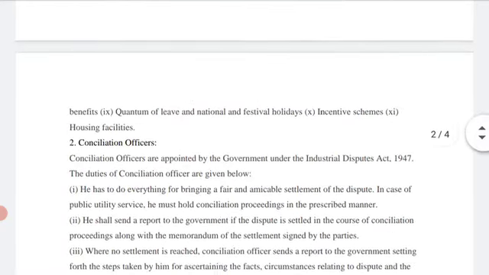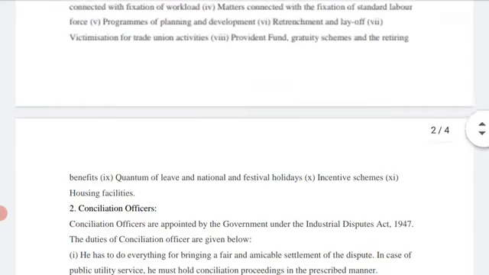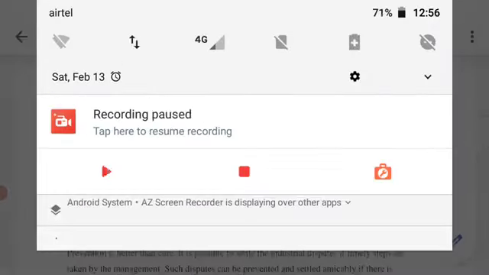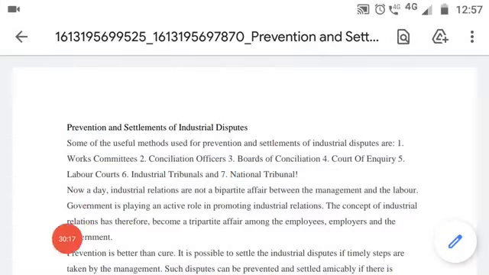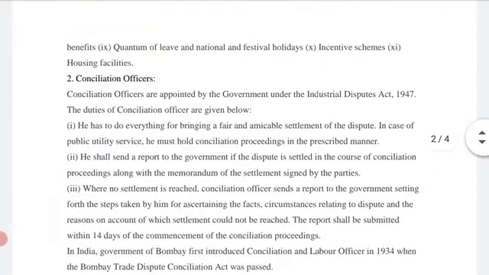Okay, then the second is conciliation officer. Who are these officers? Conciliation officers are appointed by government under the Industrial Dispute Act 1947.